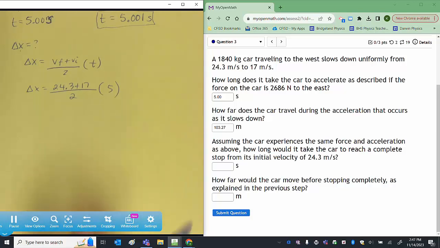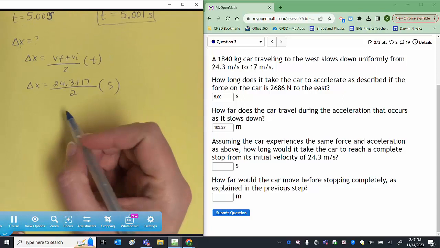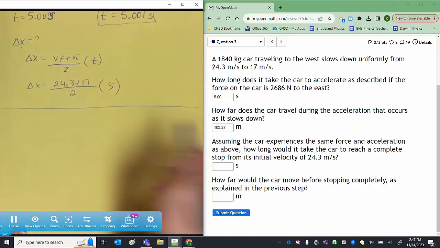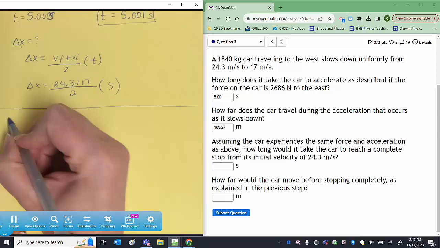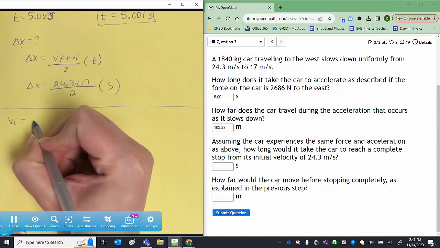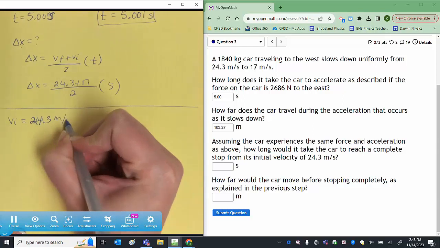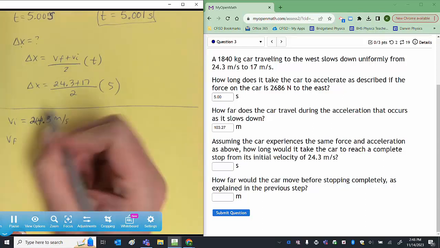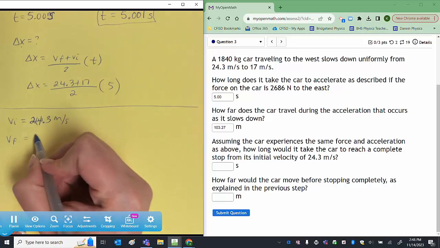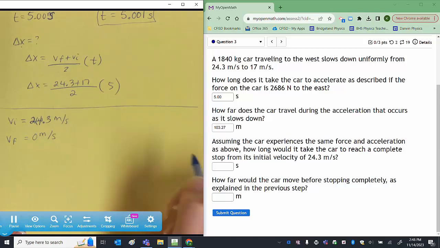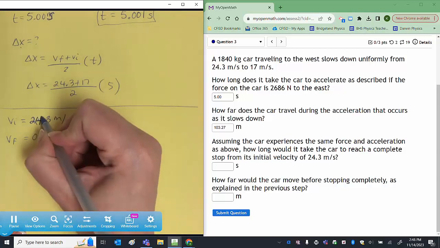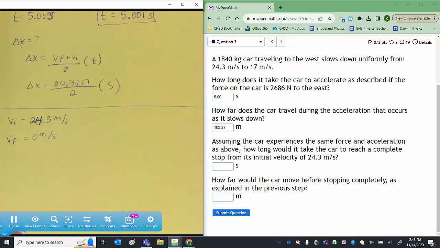Okay, so in this problem, we know that the initial velocity, and they restated it for us, is 24.3 meters per second. Here we're looking how long it takes to stop, so the final velocity we need to use here is 0. And again, it has the same force and acceleration.